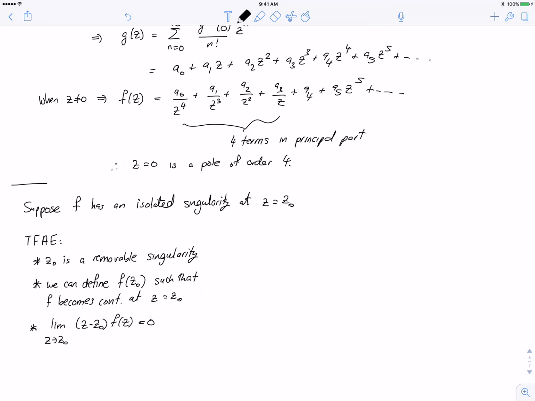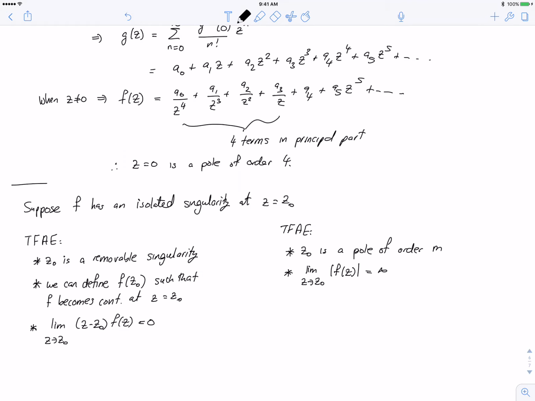What about poles? We also have shortcuts for poles as well. So the following are equivalent. Suppose z naught is a pole of order m. An equivalent definition of that is that the limit as z approaches z naught of the modulus of f of z equals infinity.